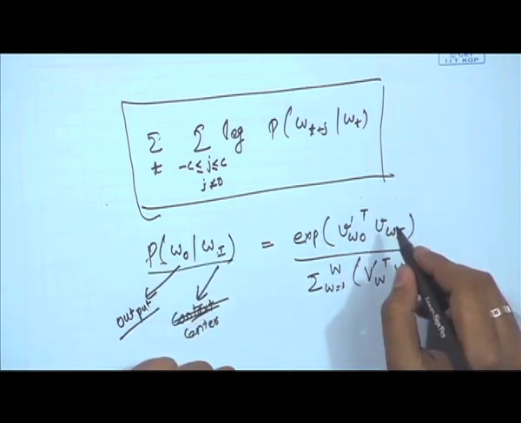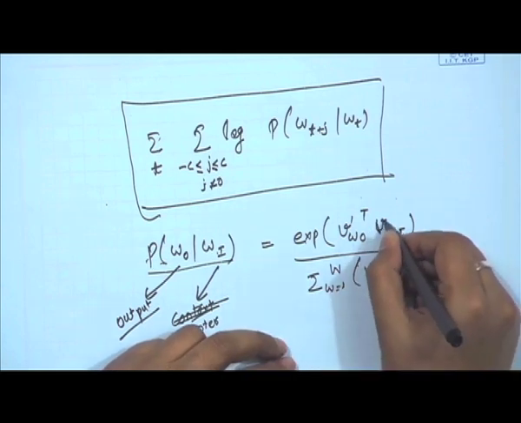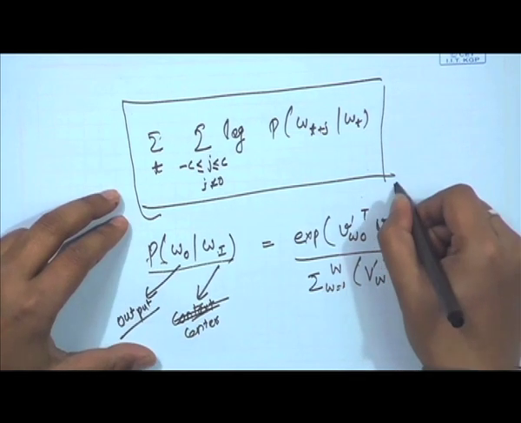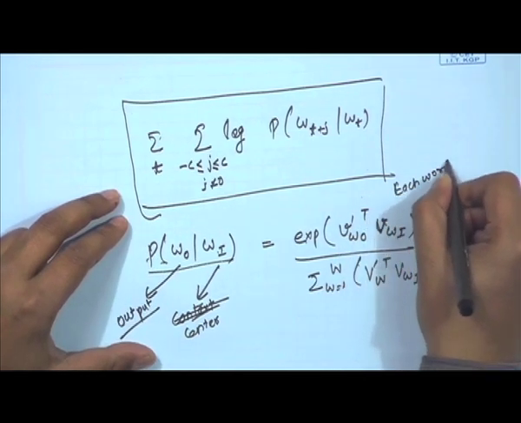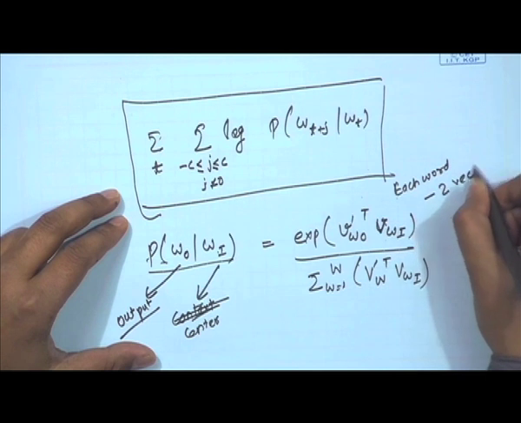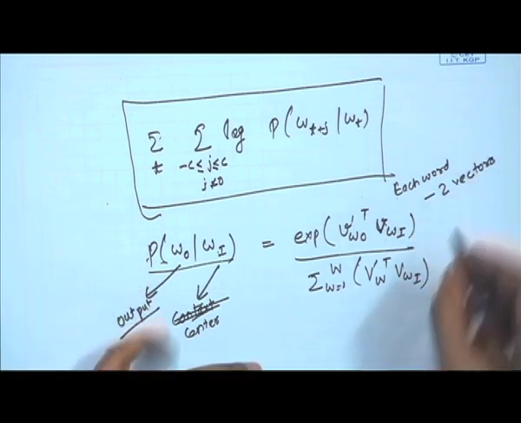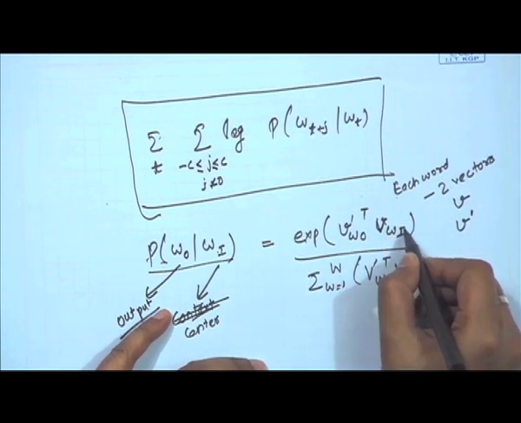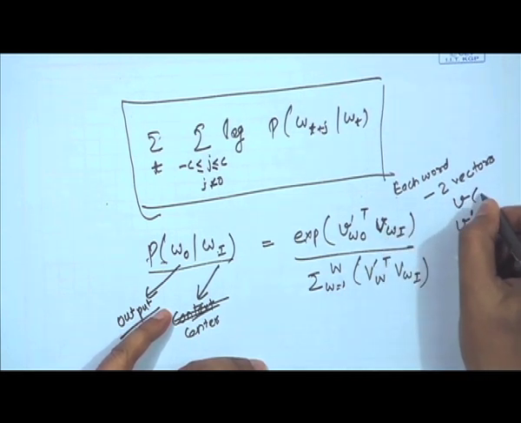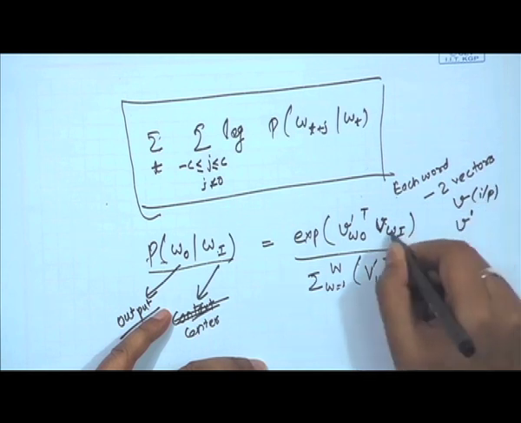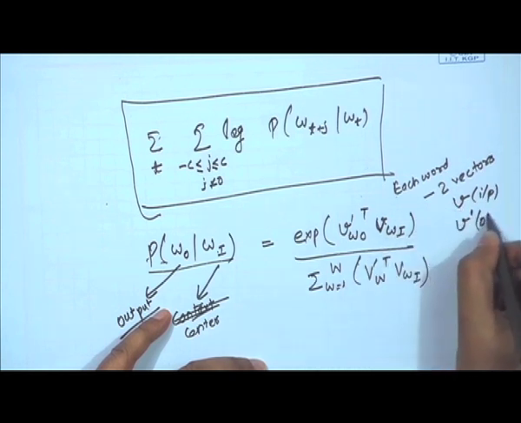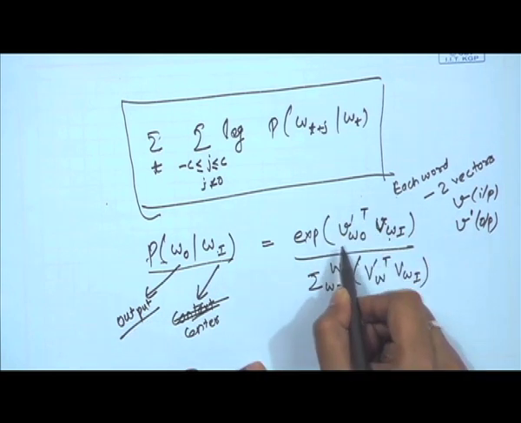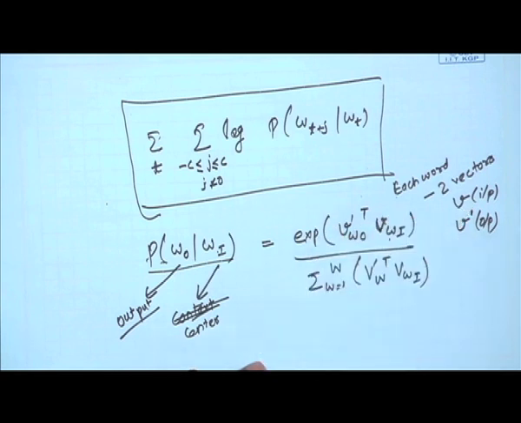So what are the different things we have written here? One thing you are seeing, there is a V and there is a V prime. So for each word you have two vectors, one is V, another is V prime. V is used only for the input, center word, and V prime is used for output. So when I am trying to use the input word to predict the output word, I will simply take a dot product of these.